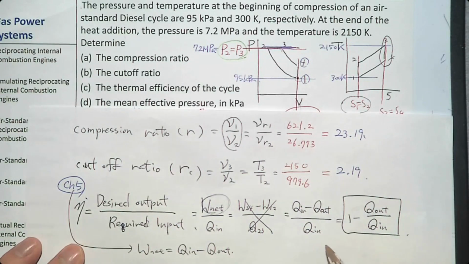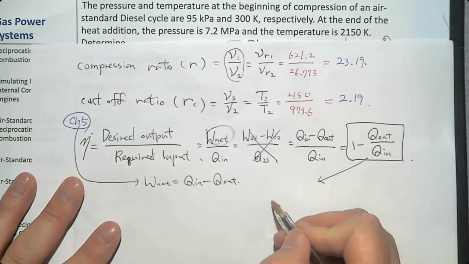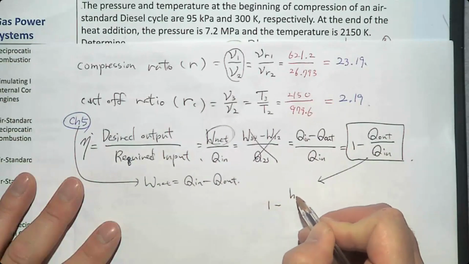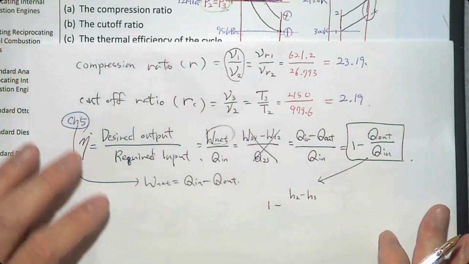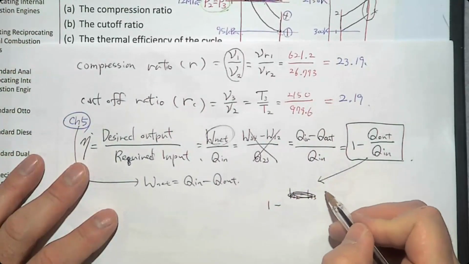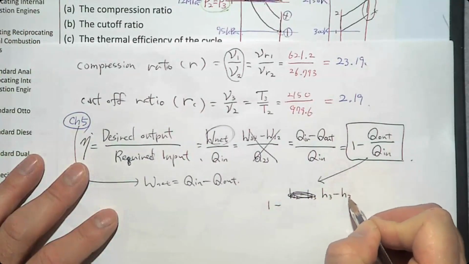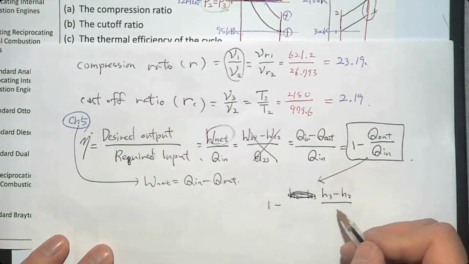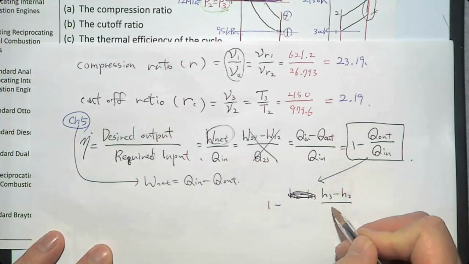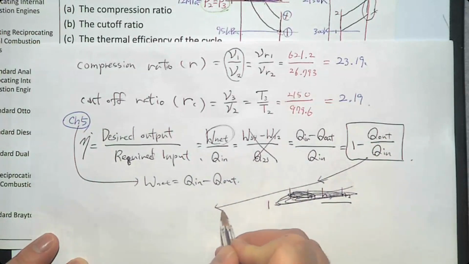So if you solve this equation, we get 1 minus H3 minus H2, we already found the energy balance equation for each process last Tuesday. And, oh, that's a heat transfer in. My bad. So this one goes here.